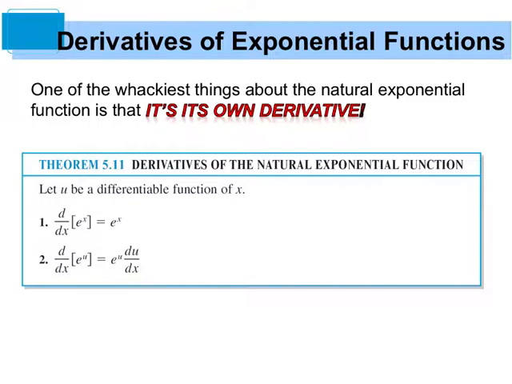The only trick is if you do e to the u, you have to remember the chain rule. So if it's its own derivative, then what's the integral of e to the x? e to the x. But no chain rule here, so we'll have to talk about how to handle that in a second.